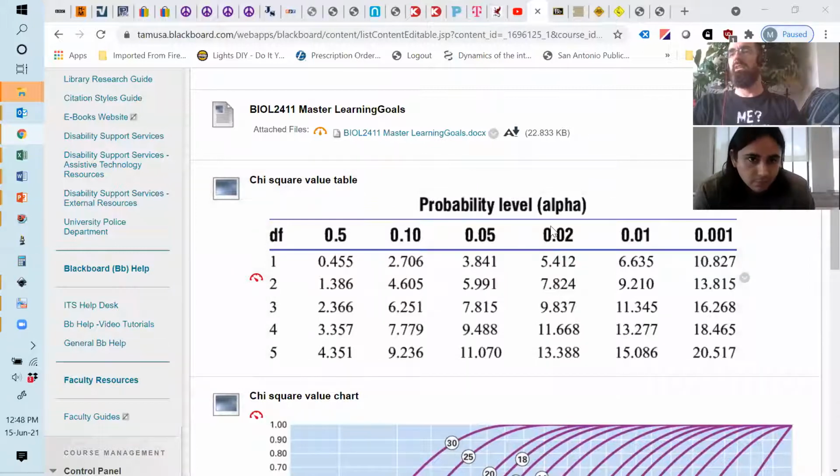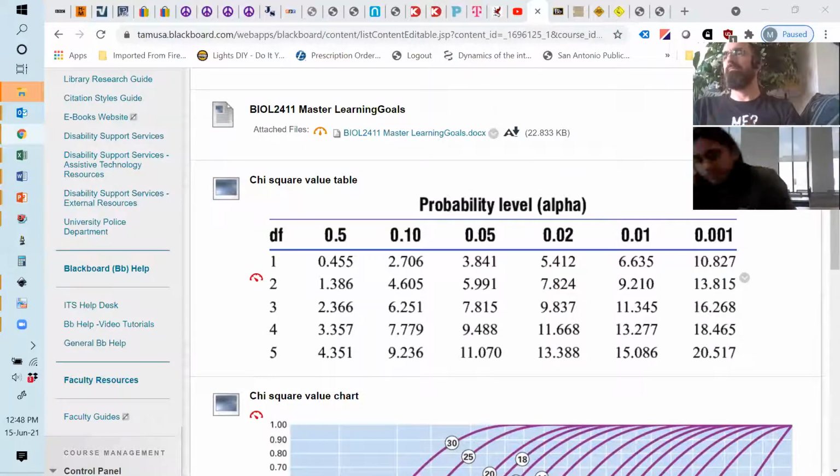Now, let's say we did this, and again, keeping with the coin flip analogy, right? Let's say we expected 50-50 heads, tails. That would be statistically insignificant, or not statistically significant.